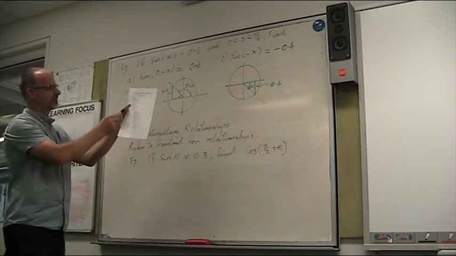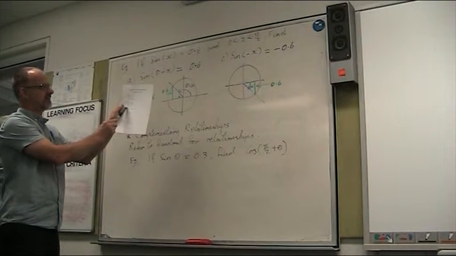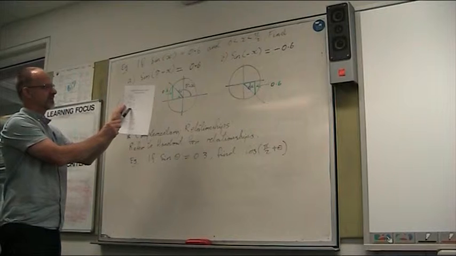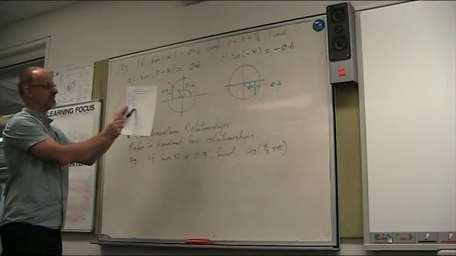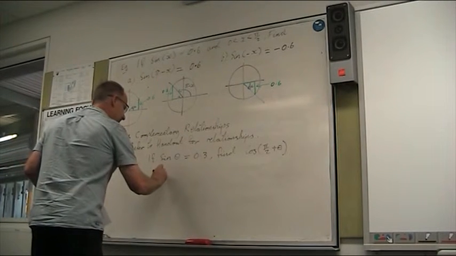If you go to the second quadrant one, the second bottom one says the cos of pi on 2 plus theta will be the same as negative sine theta. So we're using that relationship.